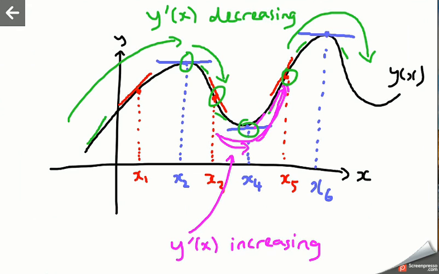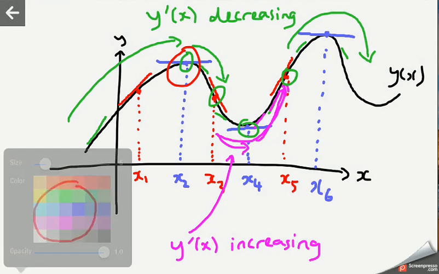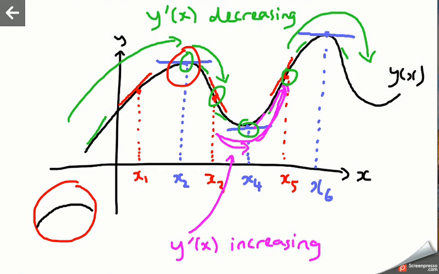Okay, something else that we can observe about this point x2. If I draw a red circle around x2, then x2 gives the biggest value of the function inside that circle. Let's zoom in on this a bit. Inside the red circle, the function looks kind of like this, and here's x2 right there on top.